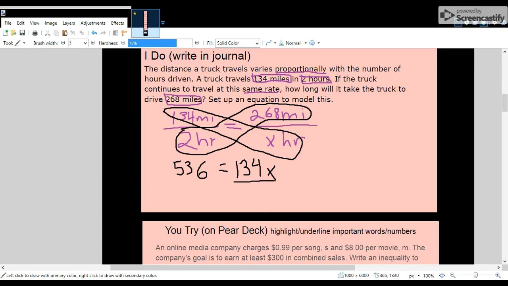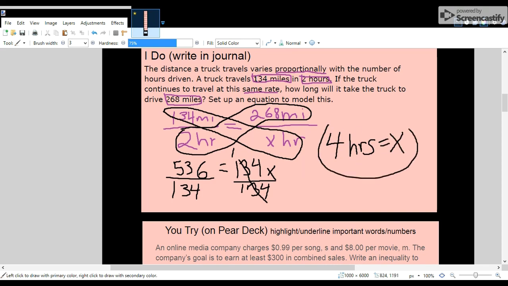If you divide both sides by 134, 134 divided by 134 is 1, and 536 divided by 134 is 4. So the answer is 4 hours equals x. So this is the equation set up. This is our solution.